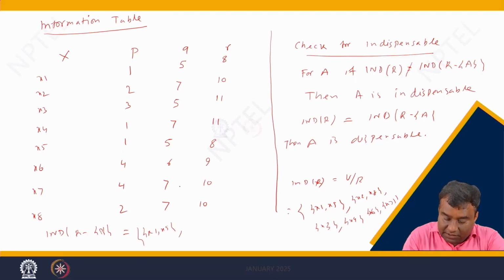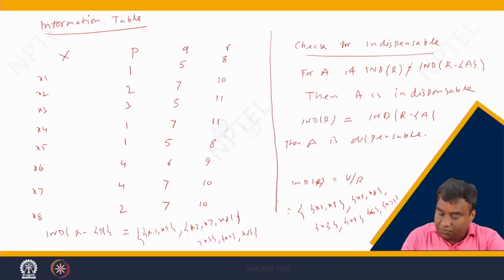Then 7, 10, 7, 10, 7, 10 give x2, x7, x8. Then x3 is different, x4 is different, and x6 is different. So see, these two are not equal, so we can say P is indispensable.